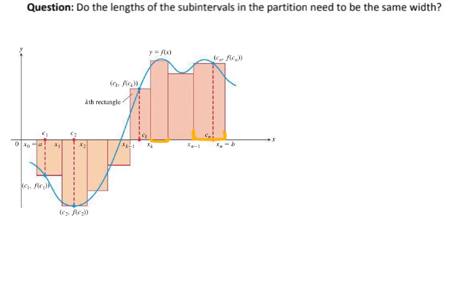So these rectangles seem to fit the picture a little bit better when they are not all of equal widths. So we're looking at dividing this closed interval from a to b into subintervals that are not all necessarily the same width, right? And we want to form a sum in the same way.